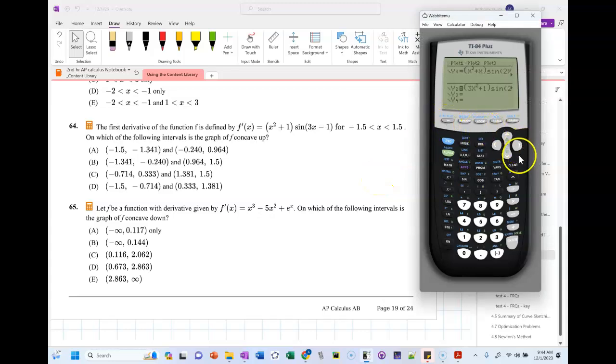All right. When I read this, there's two approaches I could take. I could take the second derivative of this and set it equal to 0 and figure out where it's above and below the x-axis. Or I can leave it as is. I think I might try just leaving it as is.